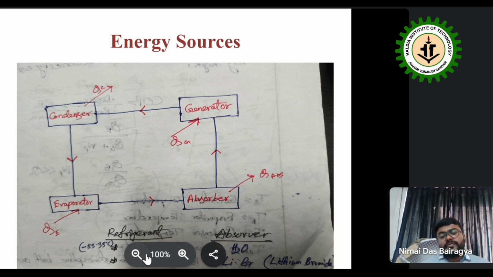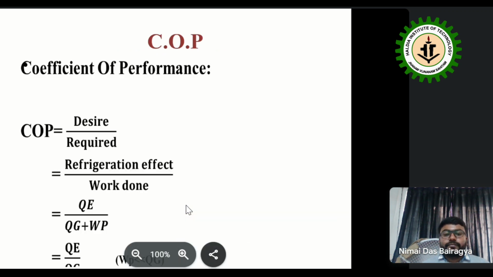If we use ammonia, we have to use water, and if we use water as refrigerant, we have to use lithium bromide. These are pairs. But previously we saw that in the vapor compression refrigeration system, we can use a single refrigerant like R22, R32, or many more.